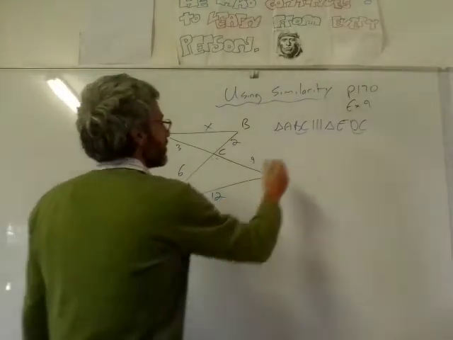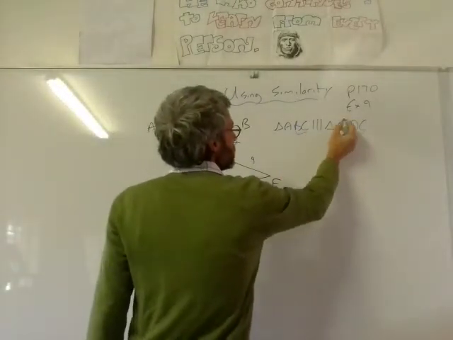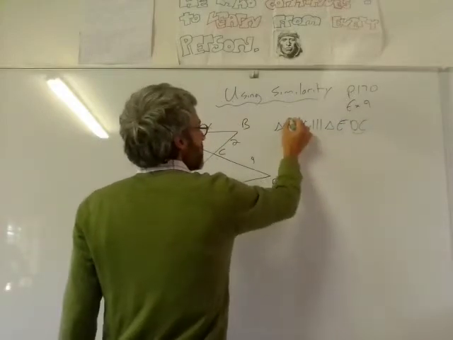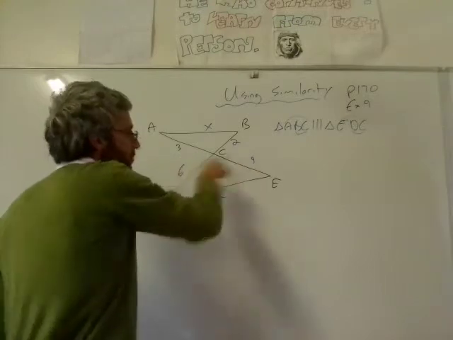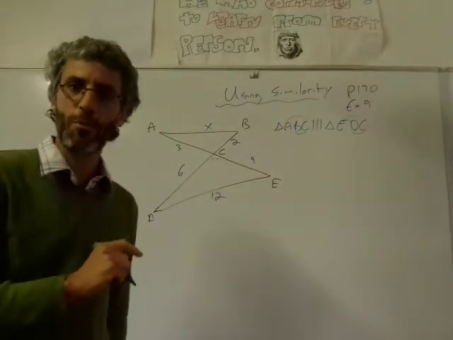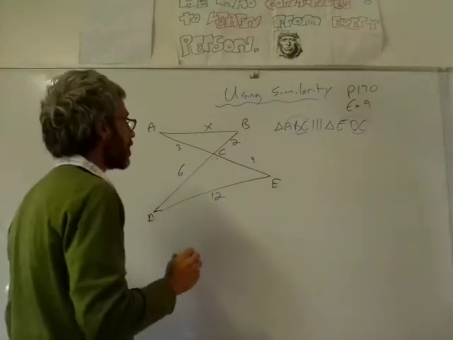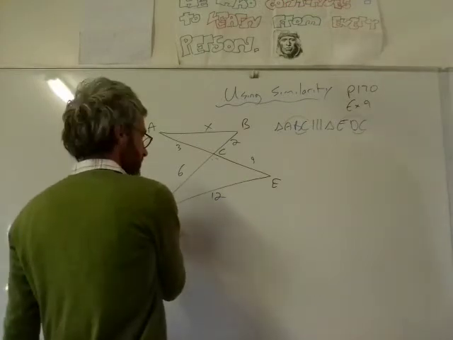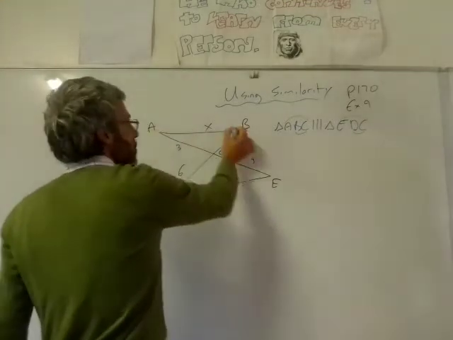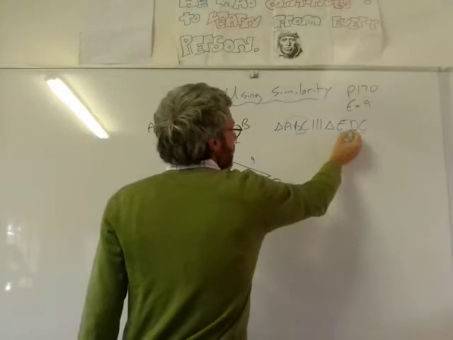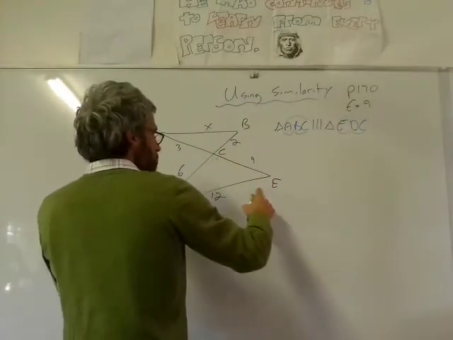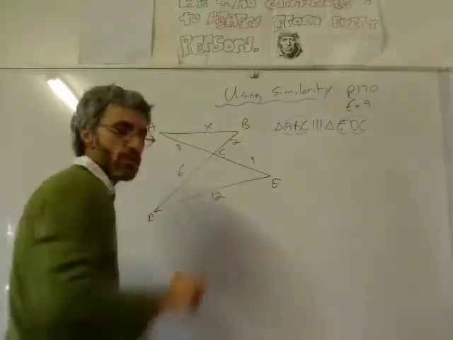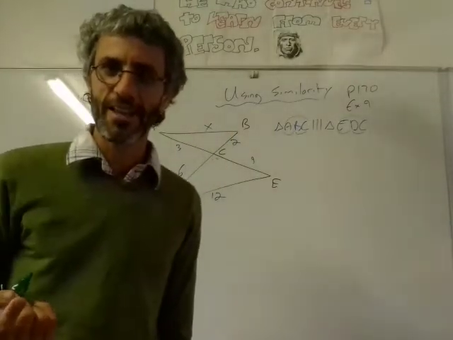Now side EC will be proportional to AC. EC is 9, AC is 3. Again, it's 3 times 3, so it's triple that. The last one we're looking for, DE, will be in proportion to AB. DE is going to be 3 times AB. If this is 12, that means it needs to be 3 times x, and that's how we can find x.